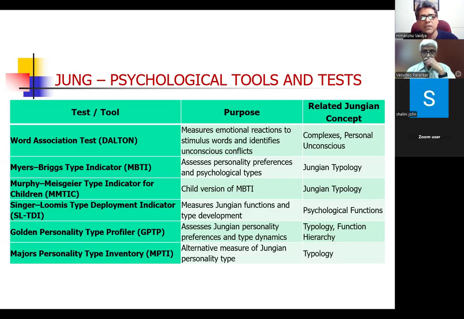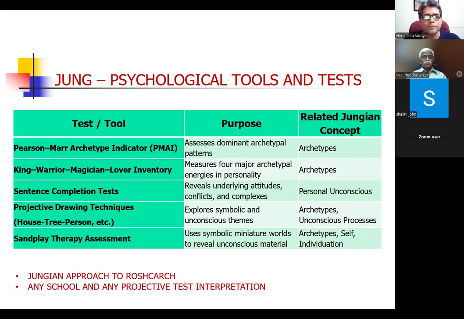Similarly, Jungian personality preferences and an alternative measure of Jungian personality type. So in the Jungian frame, these are the tests that you can use. Some more tests are here.